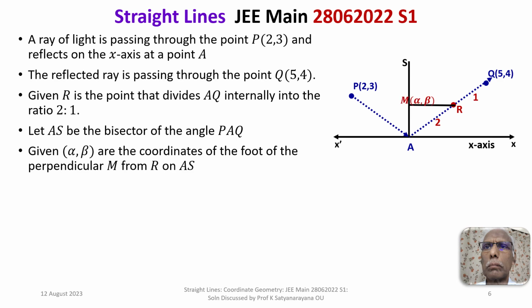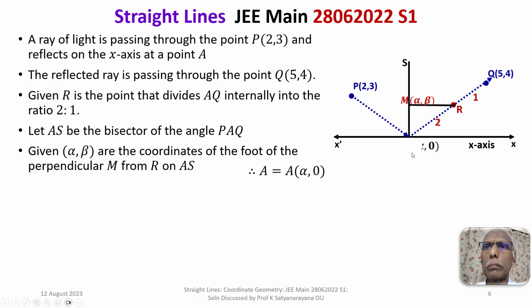So if this is the case, what are the coordinates of A? The coordinates of A are obviously (alpha, 0) because it is on the x-axis. So A has coordinates (alpha, 0).